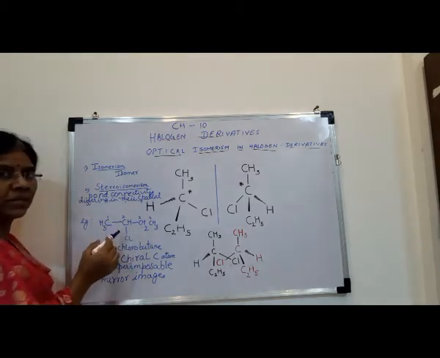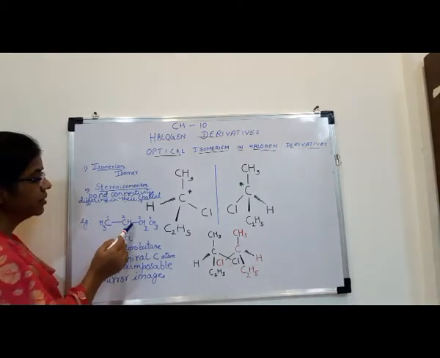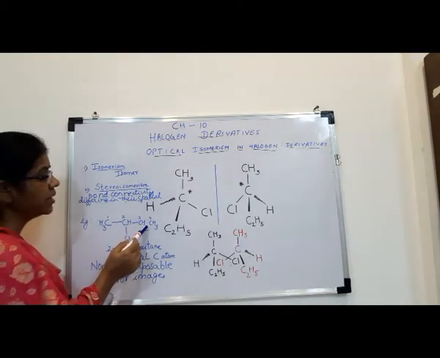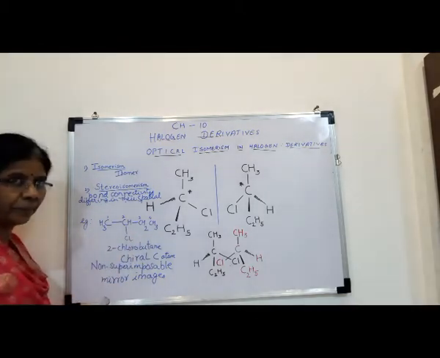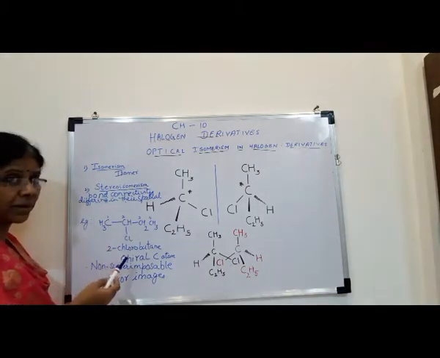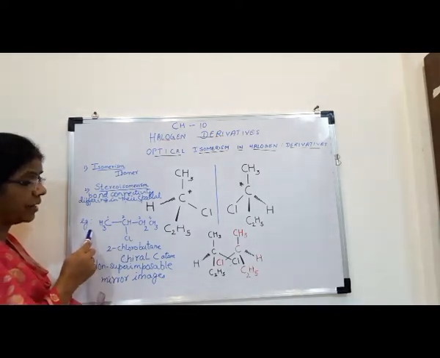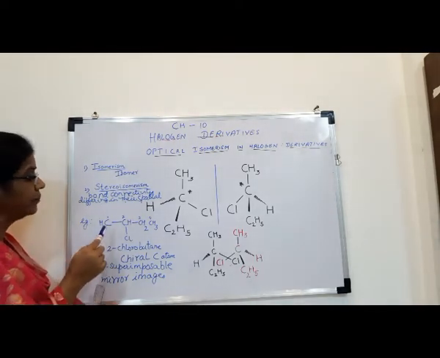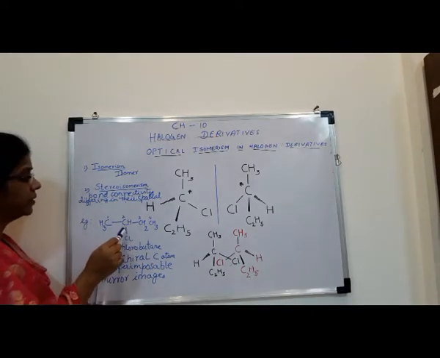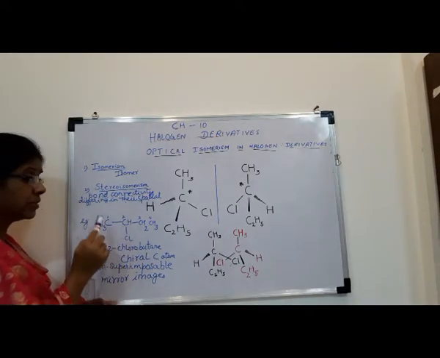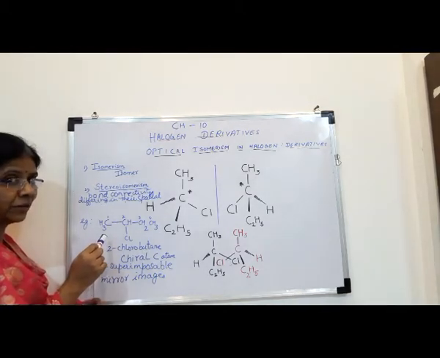What compound is this? CH3, CH, CH2, CH3, that means C2H5, and Cl. So this compound is an organic compound. It is an alkyl halide. It is a secondary alkyl halide. Thirdly, yes, it is a monohalogen derivative.